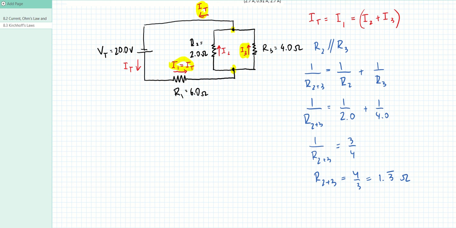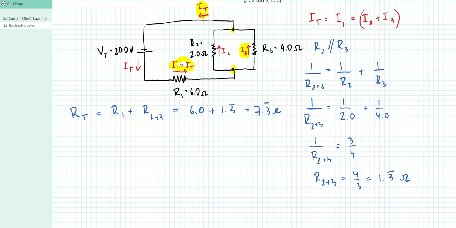Once you know those two resistors added together, we can find the total resistance by adding R1 to it. So we can say R total is going to be R1 plus R2 plus 3, which we just found the value for. So this is going to be 6.0 plus 1.3 repeating, which is going to be 7.3 repeating.